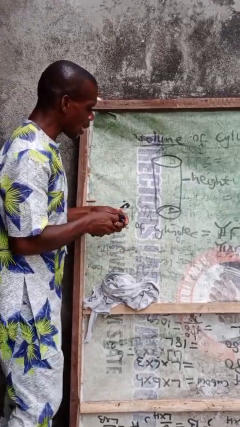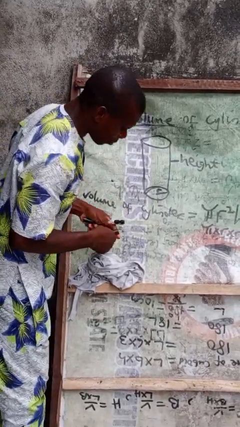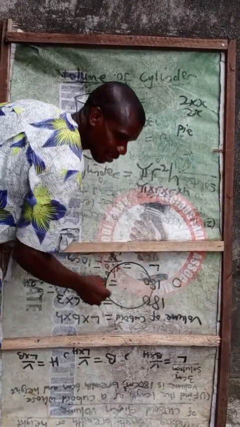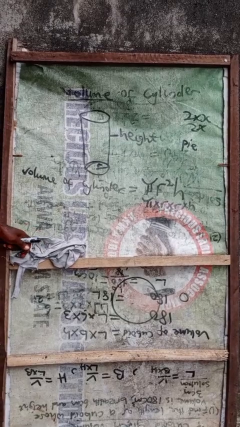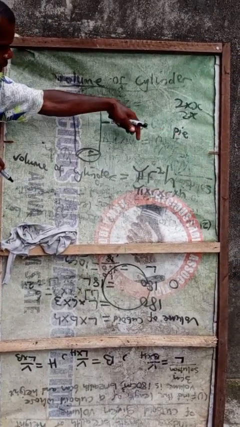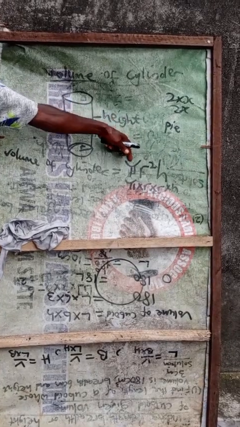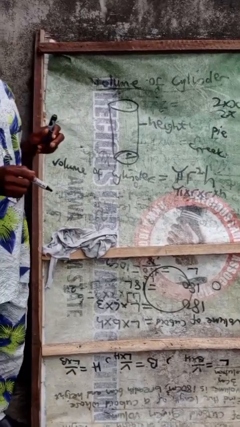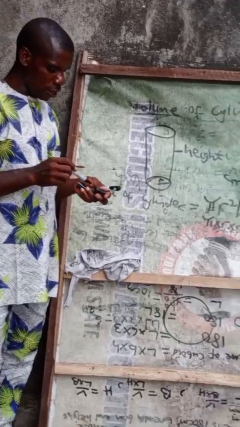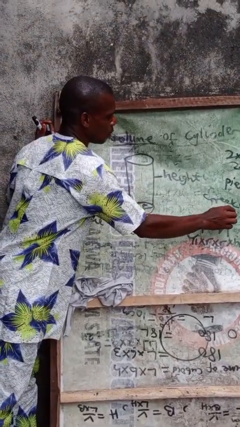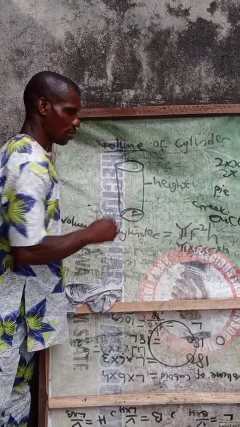So if your circle is as big as this, and the other circle is as small as this, they have a constant value, and that constant value is what we call pi. It is not our symbol, it is a Greek symbol, from Greek land. It was brought by a mathematician called Euclid, a Greek man.